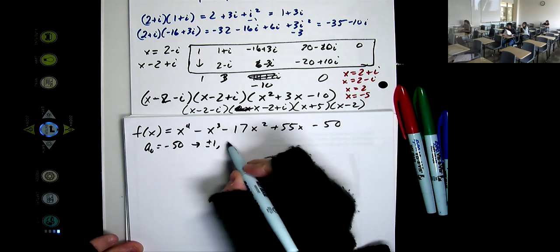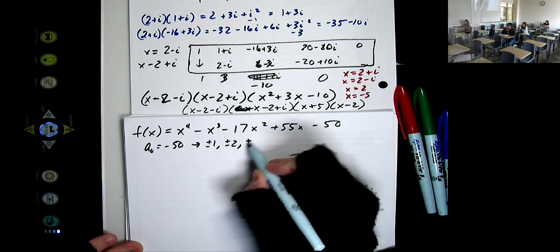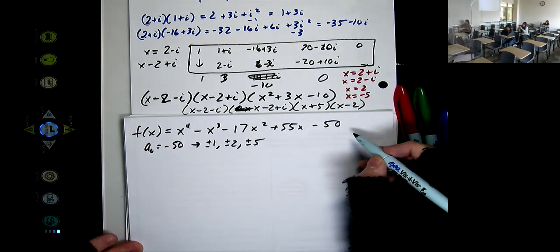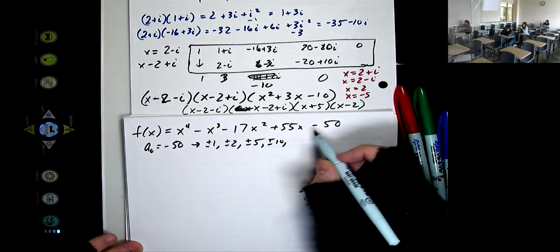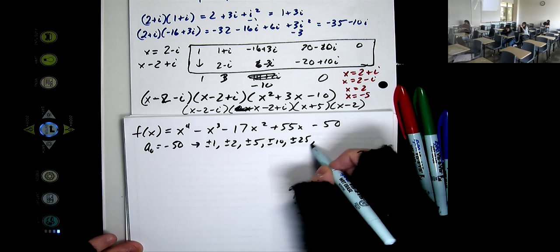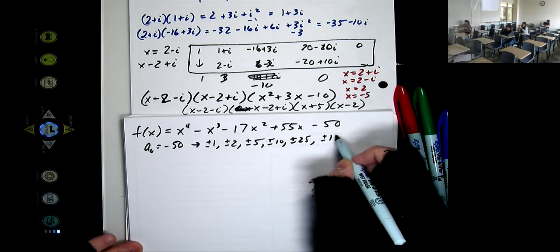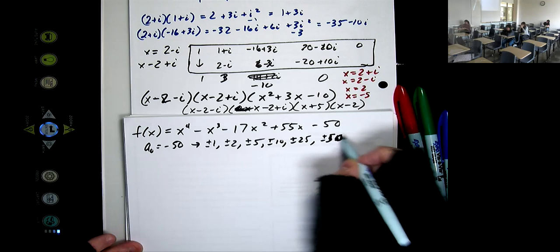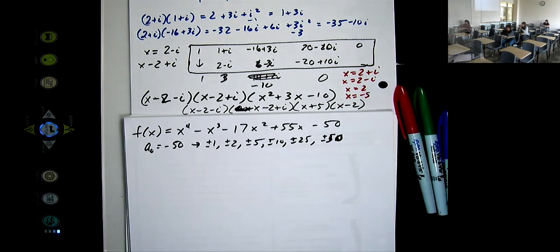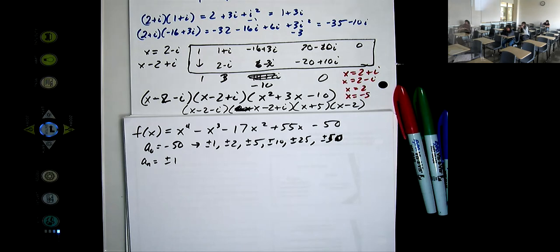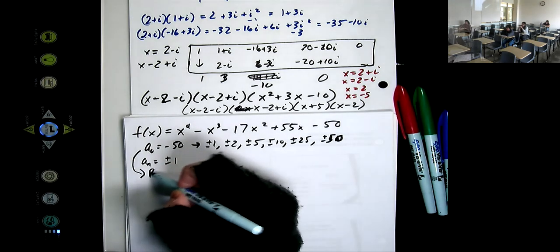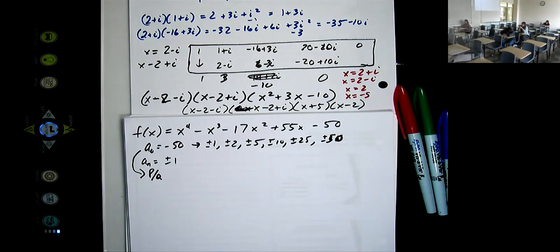Plus or minus 1, plus or minus 2, plus or minus 5, plus or minus 10, plus or minus 25, and plus or minus 50. My a sub n equals 1, so it's plus or minus 1, which means this is my p over q. When the leading coefficient is 1, it's just the factors of the last number.